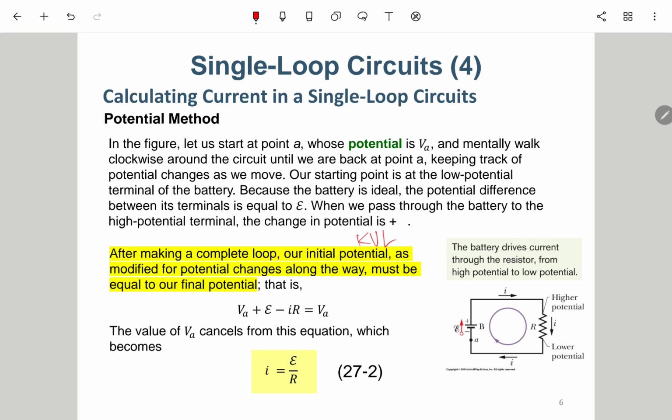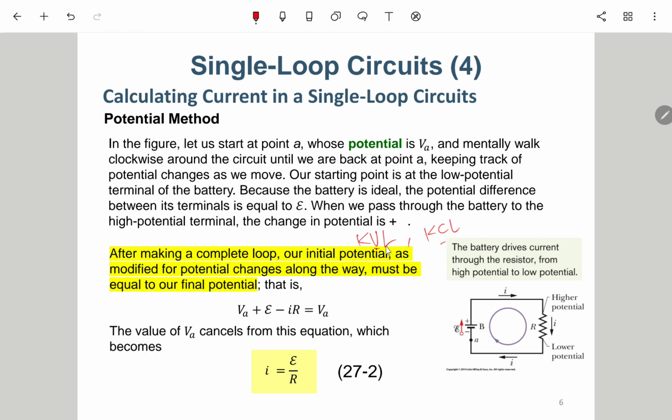Along with it, we also have KCL, the Kirchhoff current law. This one is for voltage, and this one is for current. This is not potassium chloride; this is Kirchhoff current law, and this is Kirchhoff voltage law.